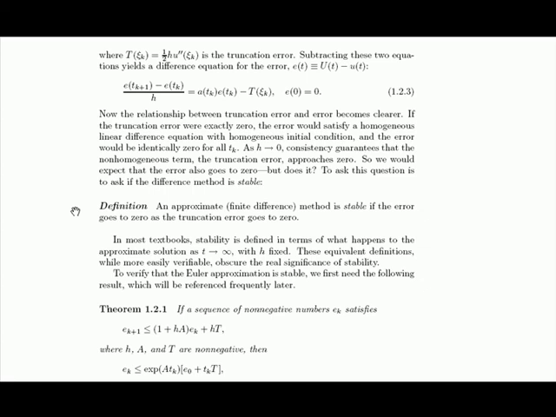So trivially, if a method is consistent and stable, the error goes to 0 as h goes to 0, which is what we want. It's convergent. So stability plus consistency equals convergence. But that doesn't tell us anything about how to determine if a method is stable or not. So that's what we want to look at in the next section. How do you know whether a method is stable or not?